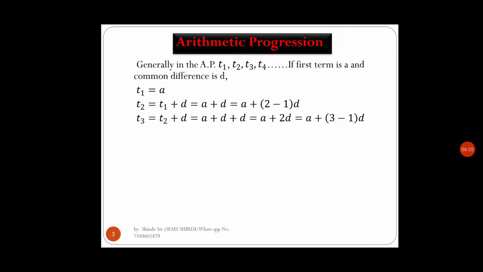Now we see T4. T4 is equal to T3 plus D. What is T3 here? A plus 2D, plus D, that is A plus 3D, and this 3D we split as A plus 4 minus 1 into D. So for T2 we get 2 minus 1, for T3, 3 minus 1, and for T4, 4 minus 1.